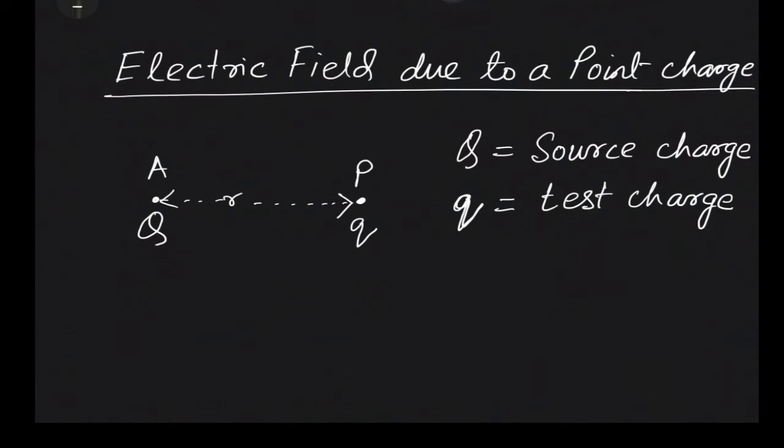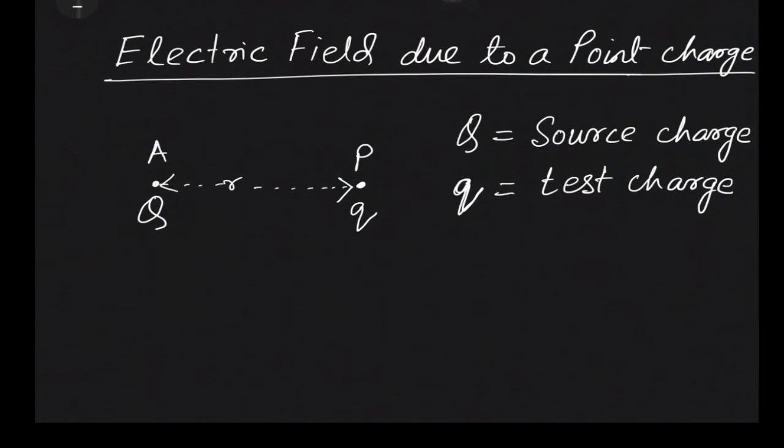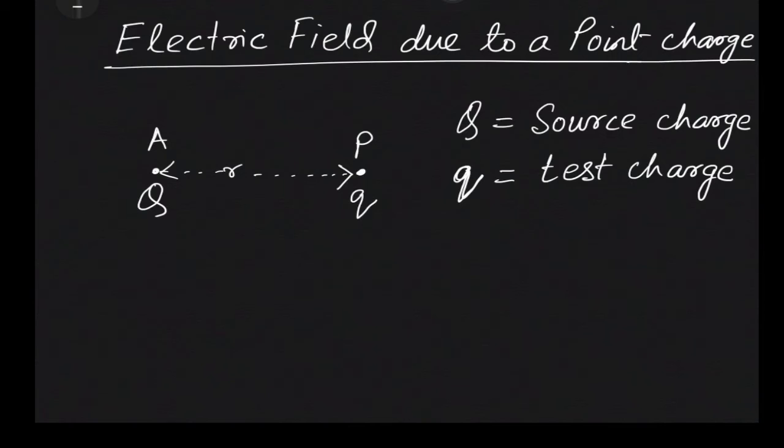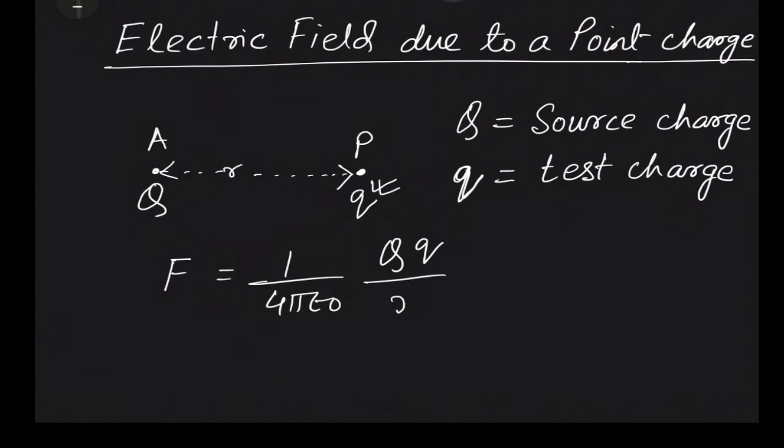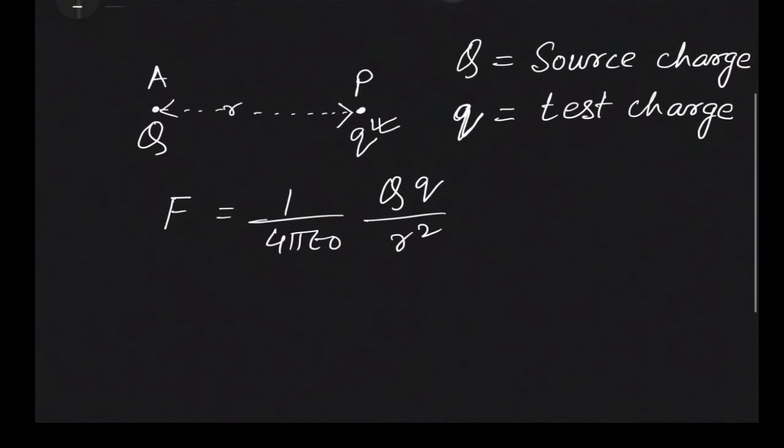Now how will we find the electric field? Going by Coulomb's law, first of all we will find the force exerted on this test charge q. That force will be 1 by 4 pi epsilon naught, capital Q small q by r square. And the electric field will be this force divided by this charge q.